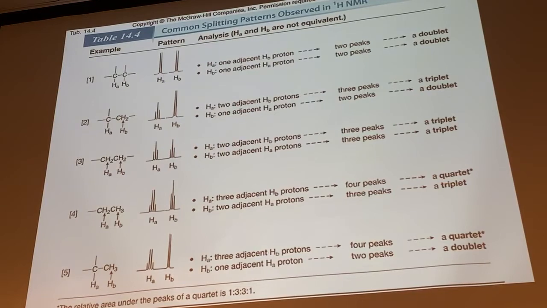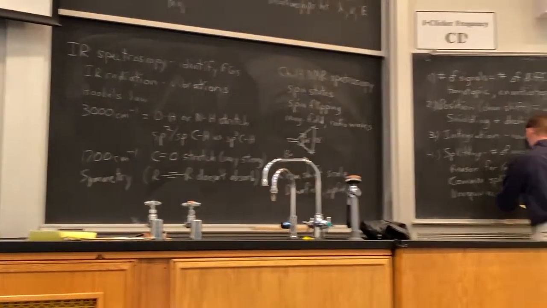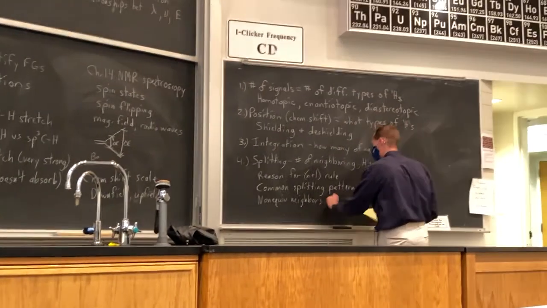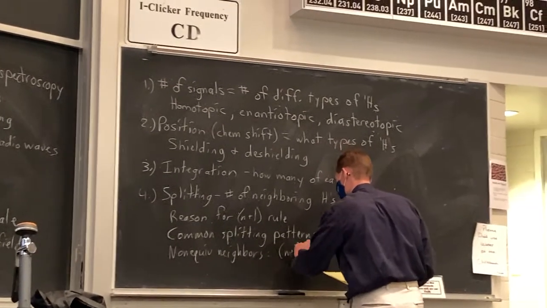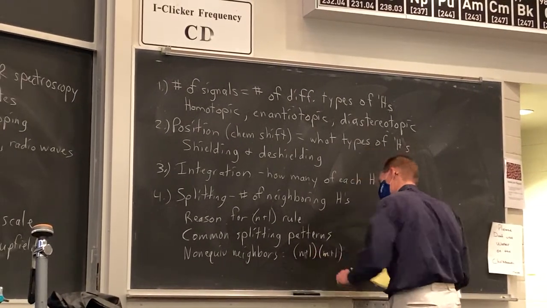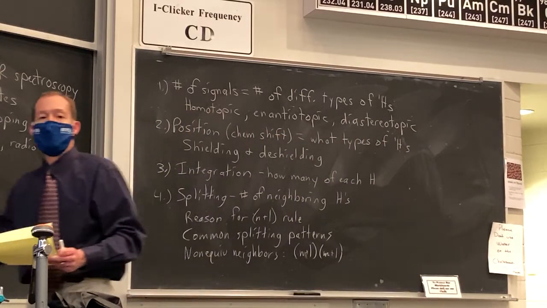Then we had the concept of non-equivalent neighbors. And with non-equivalent neighbors, we had a more complex splitting pattern, which was n+1 times m+1, okay? So we ended up with more peaks in our molecules.